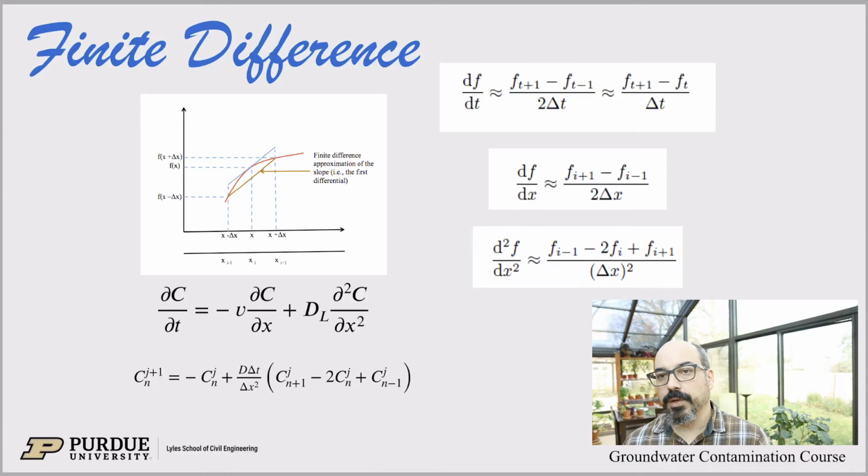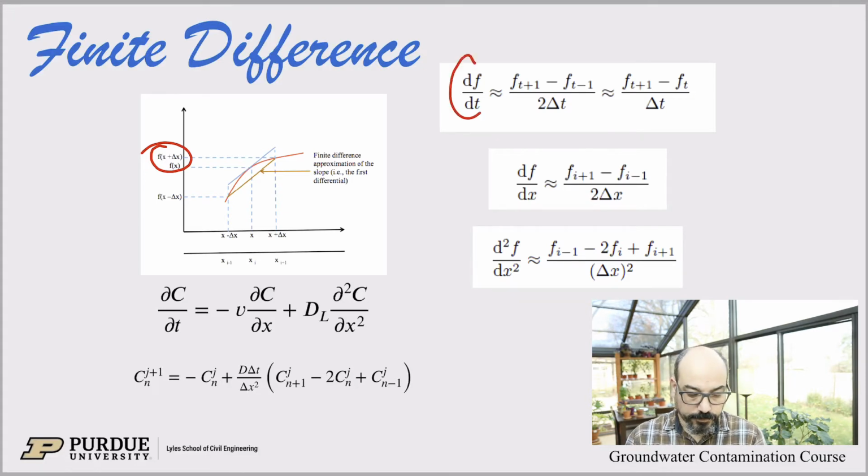And typically what we want to know is the value of the function at the next time step or somewhere else. So we loop through time essentially to find the solution at different times. Given that we know the initial one, then we can find the next one.